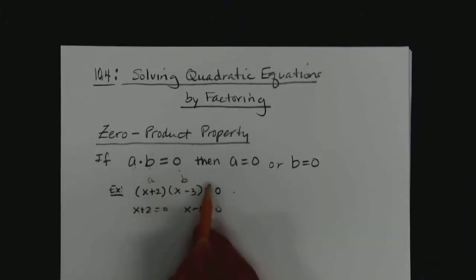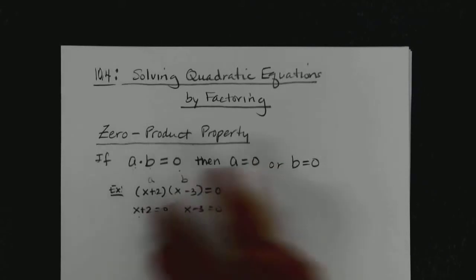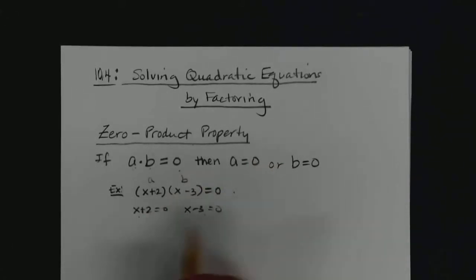Wouldn't it make the whole thing equal to 0? Yeah. Okay? So this is what you're going to be solving for. To solve by factoring, you're solving for x where it would make this equal to 0. And if you notice, there are two answers. This one would be x equals what? -2. And this would equal? 3.